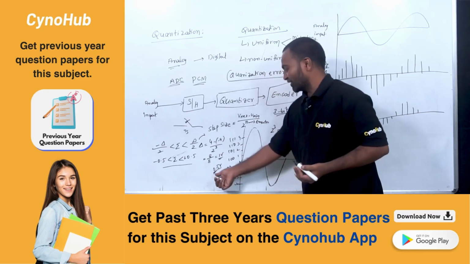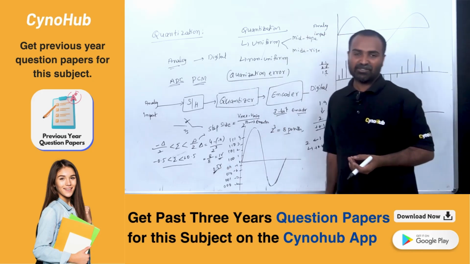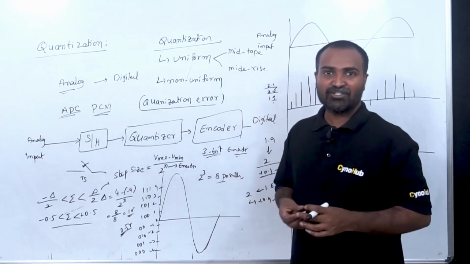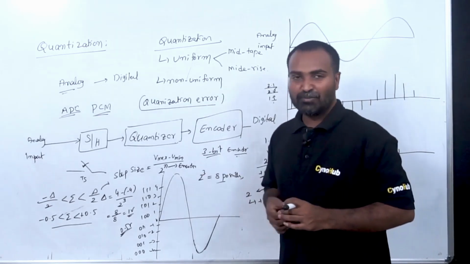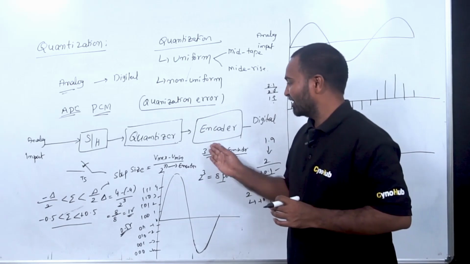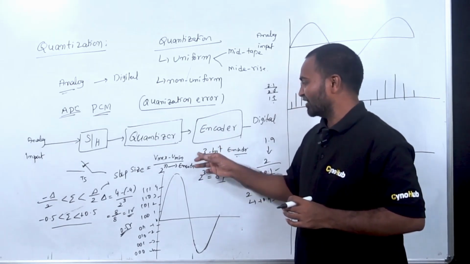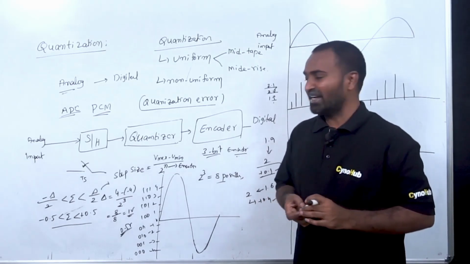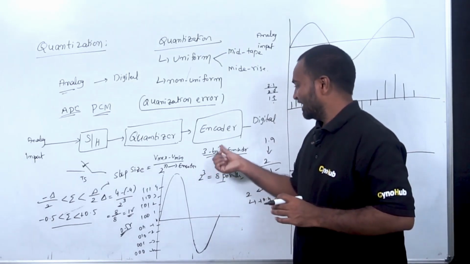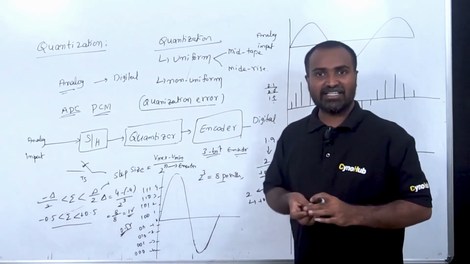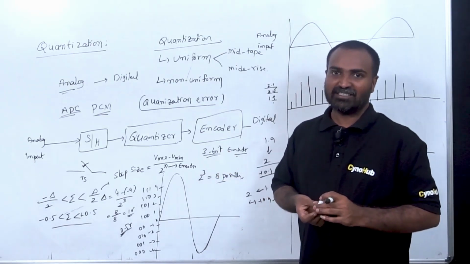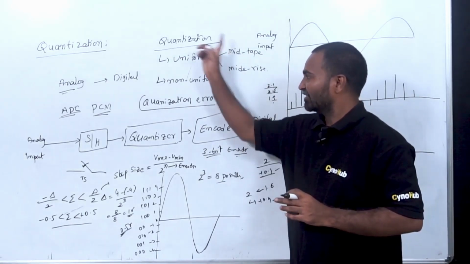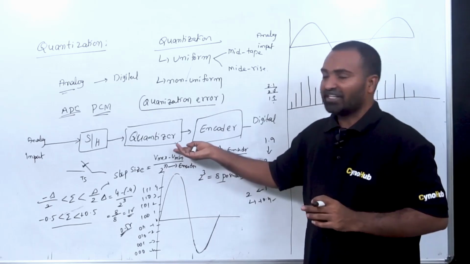If you consider encoder size 4, the step size is 0.5, which means the quantization error is in the range of minus 0.25 to plus 0.25. So by increasing the encoder size, we reduce the quantization error. But the main drawback of increasing the encoder size is that it requires more data to store the information. So this is about quantization.